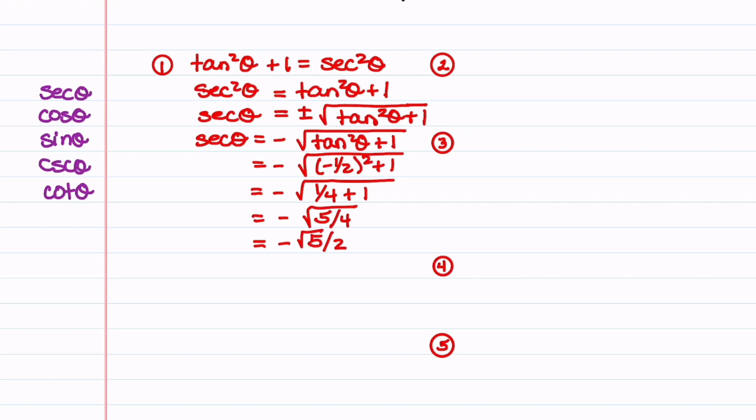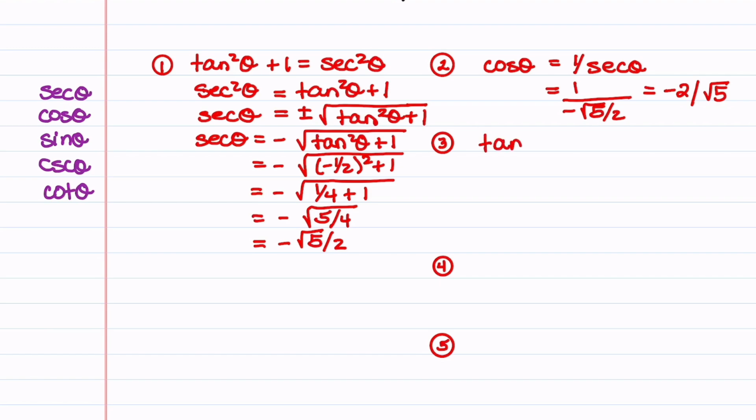We'll find cosine theta using the reciprocal identity. Cosine theta is 1 divided by secant theta, and that's equal to 1 divided by minus root 5 over 2, which gives us a value of minus 2 divided by root 5. To find sine theta, we'll use the ratio identity tangent theta is equal to sine theta divided by cosine theta, and we'll solve for sine theta.